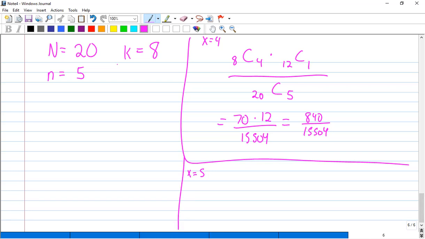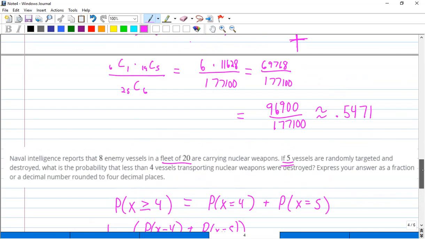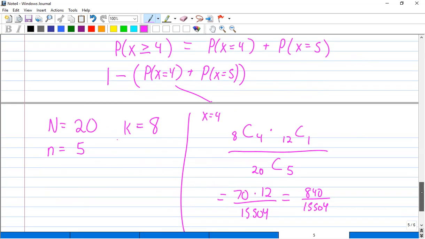So for x equals 5, we have KCX, so it's going to be 8C5 times, now we have to say 20 minus 8, again that's 12C. Now this one is different because remember the formula, little n minus x, and the x is different, it's 5.